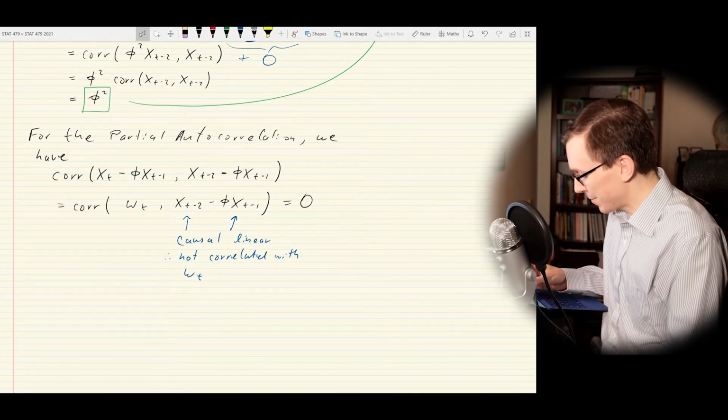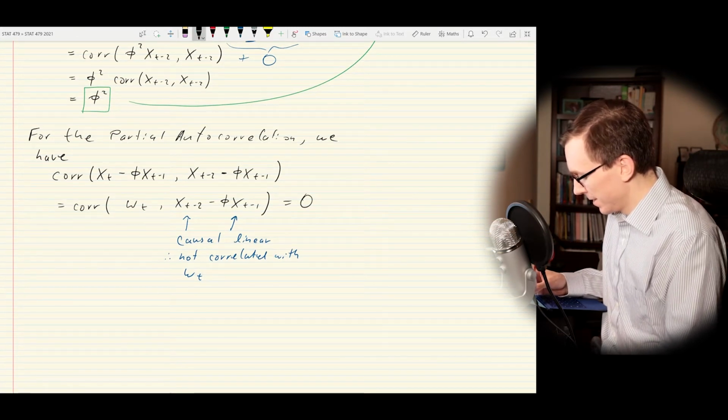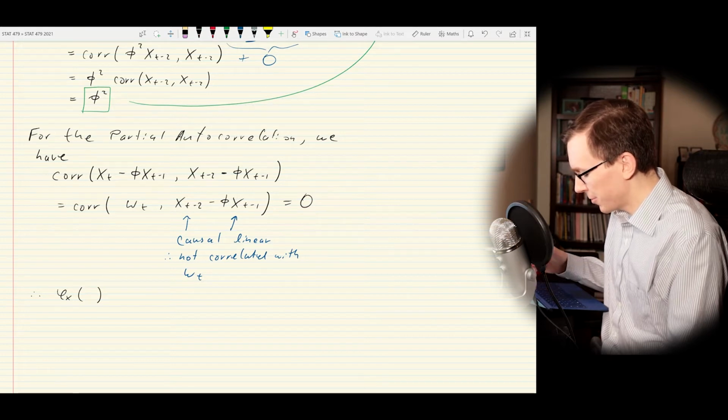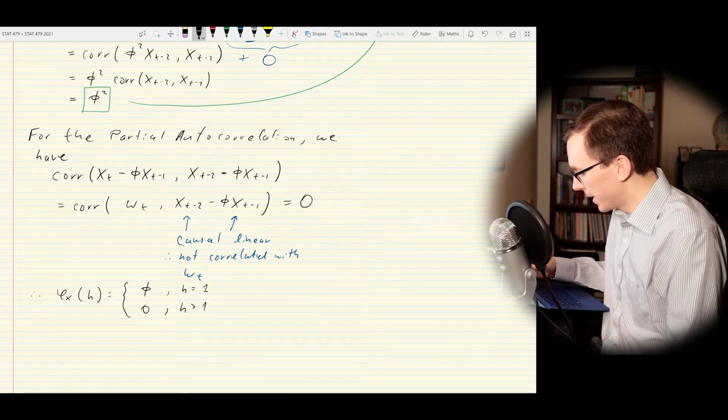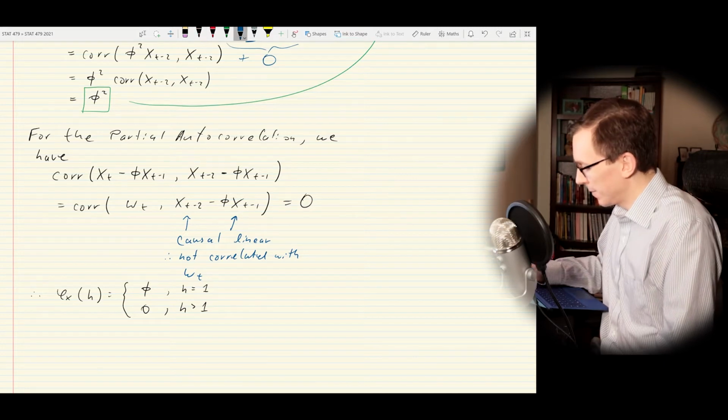We can take this further, but for the AR1, we get something that looks like this. The correlation at lag 1 is just phi, and then 0. So this is H equal to 1, and this is H greater than 1. Our plot looks quite nice.